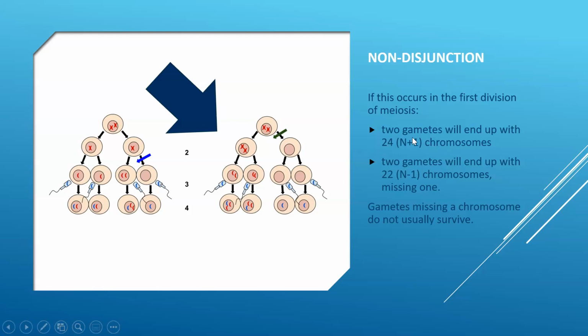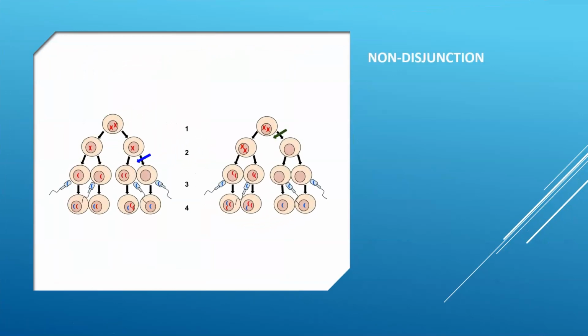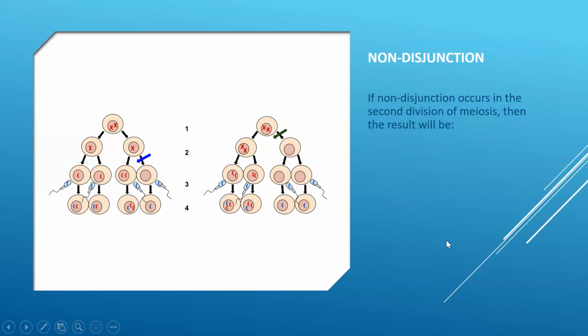So 2 with an extra and 2 with 1 less. If you've got 1 extra, they can survive, but there'll be a chromosomal abnormality because you've got an extra chromosome there.